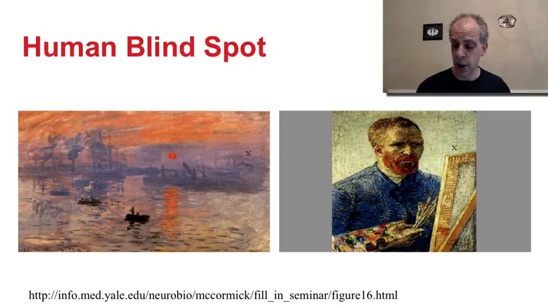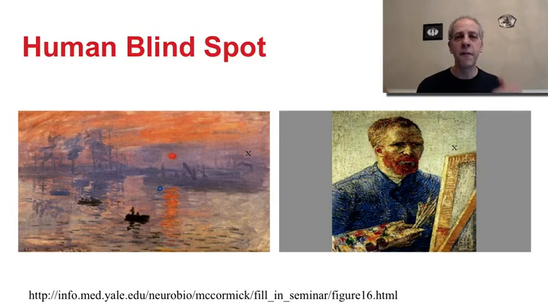I took these images from the website that is provided here. The basic idea is that if you stand like a meter away from the screen and you manage to fixate on a point, like this point here, so you concentrate on fixating your visual system on that point, after a while, you will see that the sun disappears.